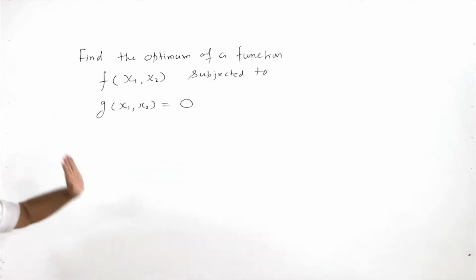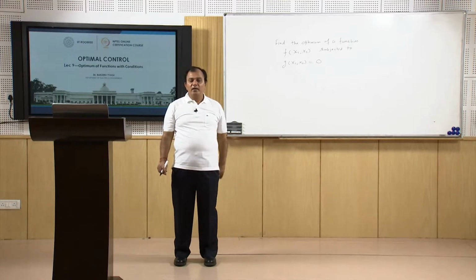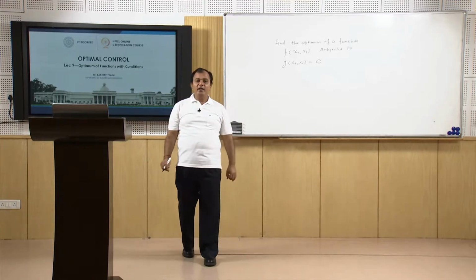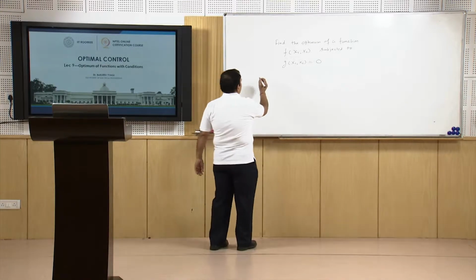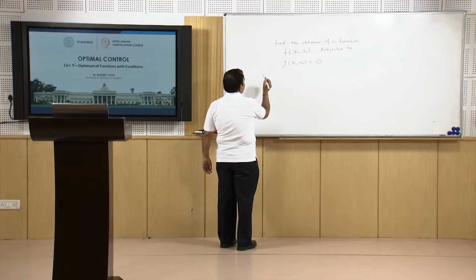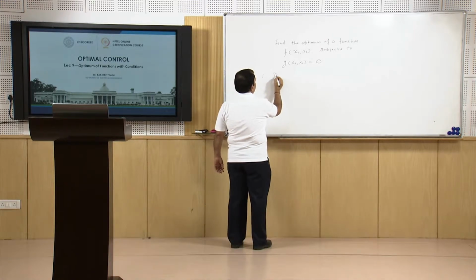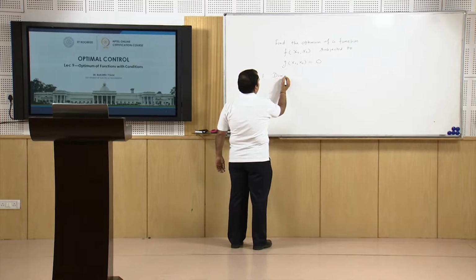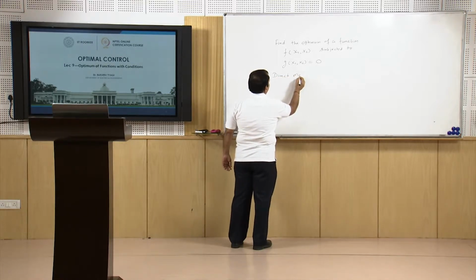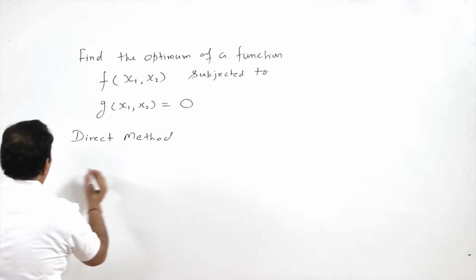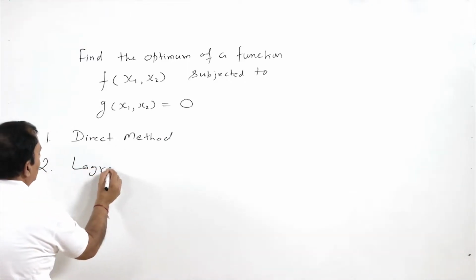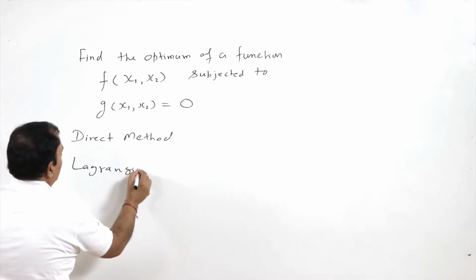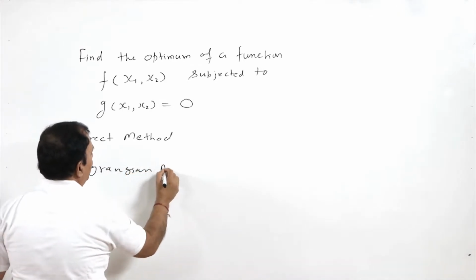So, this problem can be solved in two approaches. The first we call the direct approach and the second is the Lagrangian multiplier approach. So, this problem can be solved as the direct method and my second method is the Lagrangian multiplier method.